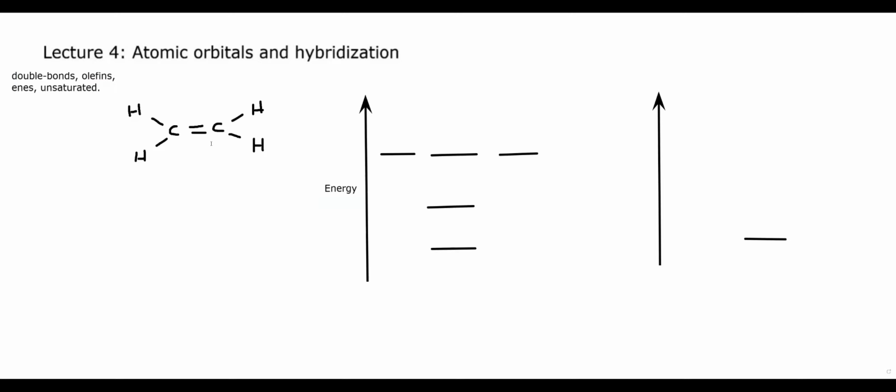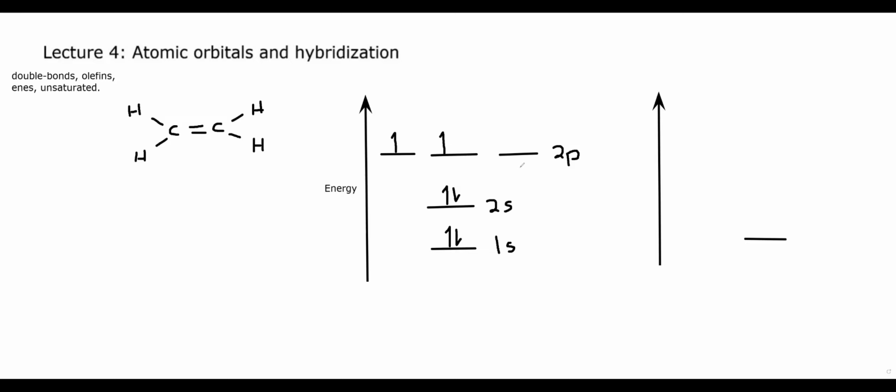Okay, so when we have this C-C double bond, our electron diagram that we just made before no longer makes any sense. Let's again look at carbon's expected diagram, how we would draw it if this was high school chemistry. We would go 1, 2, 3, 4, 5, 6.